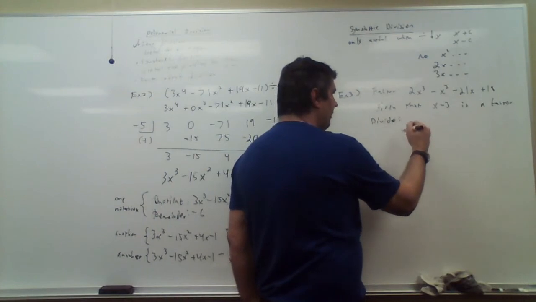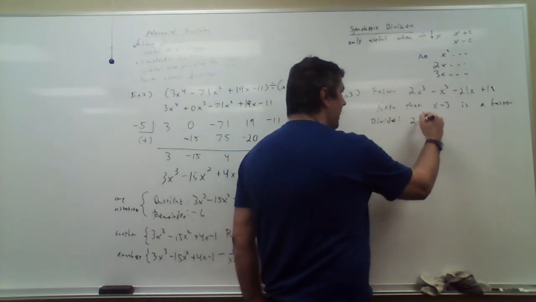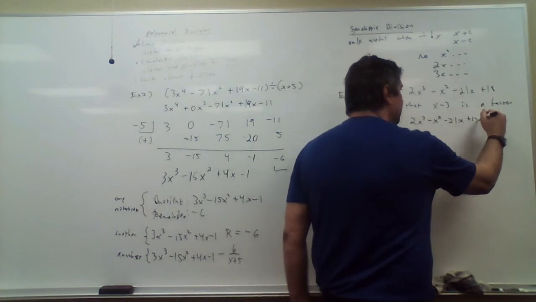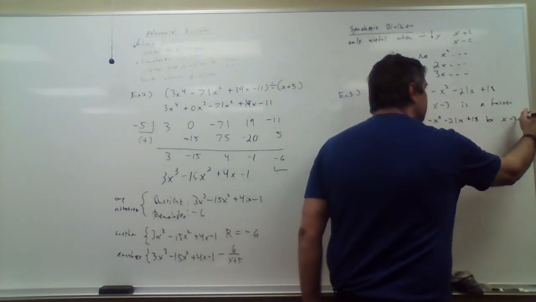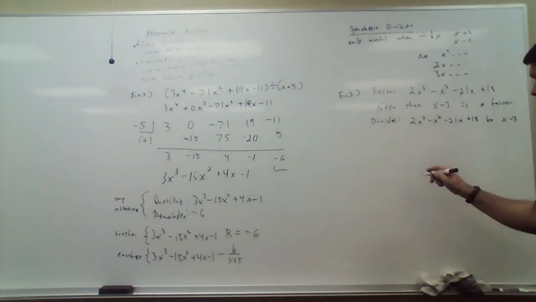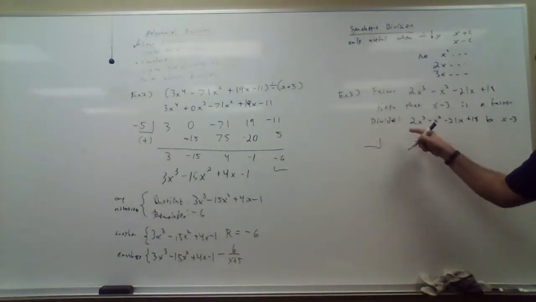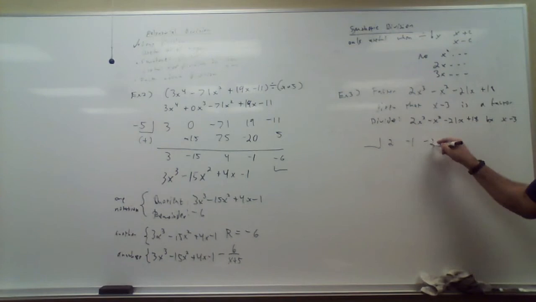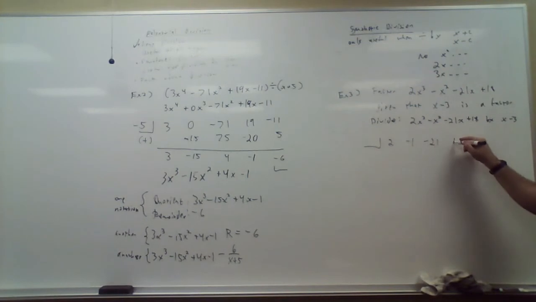So we will have 2x cubed minus x squared minus 21x plus 18 divided by x minus 3. Box 2, negative 1, negative 21, and 18.